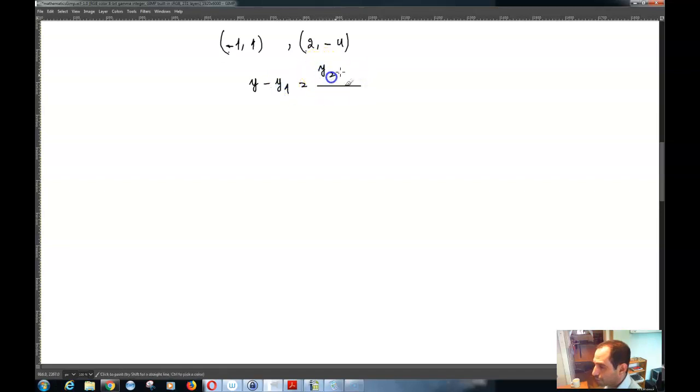Question number 7. Question number 7 is passing through the points (-1, 1) and (2, -4). So in this case you can use, for example, y minus y1 is equal to y2 minus y1 over x2 minus x1 times x minus x1.